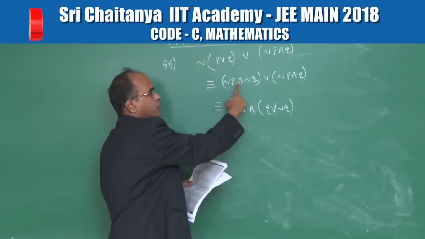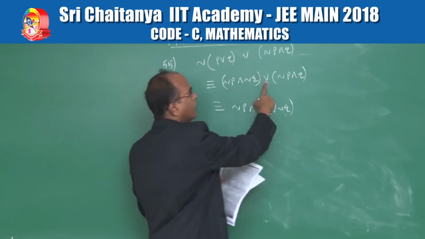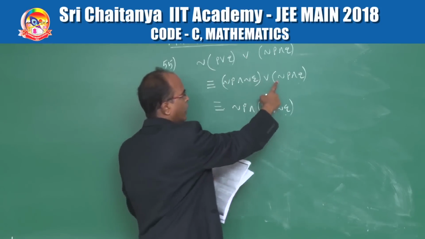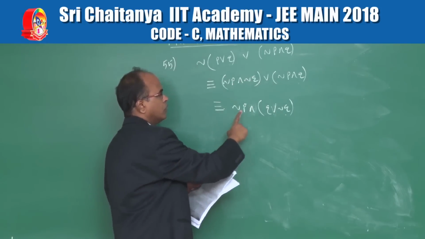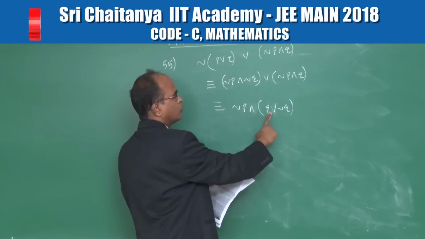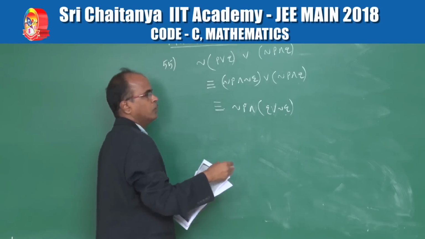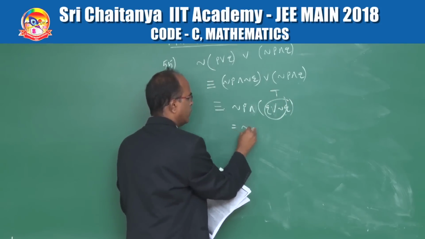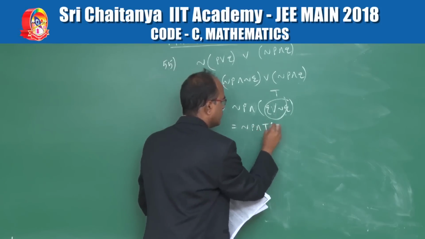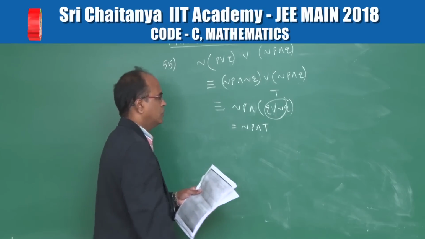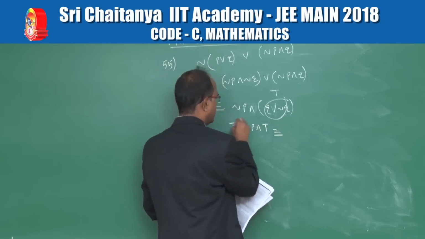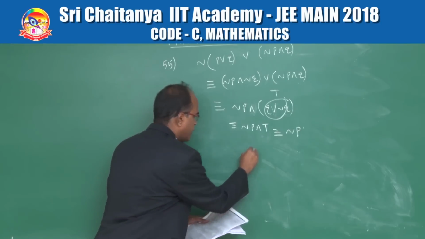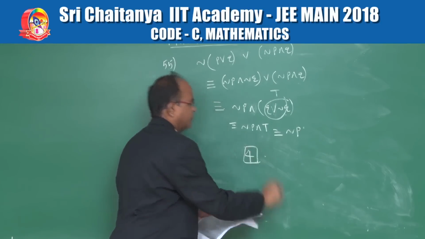Not of (P or Q) is (not P and not Q), or (not P and Q), and by distributive law it simplifies to not P and (Q or not Q), and Q or not Q is always a tautology. Therefore this is not P and true, and therefore this simplifies to not P. Therefore the correct option is option 4.